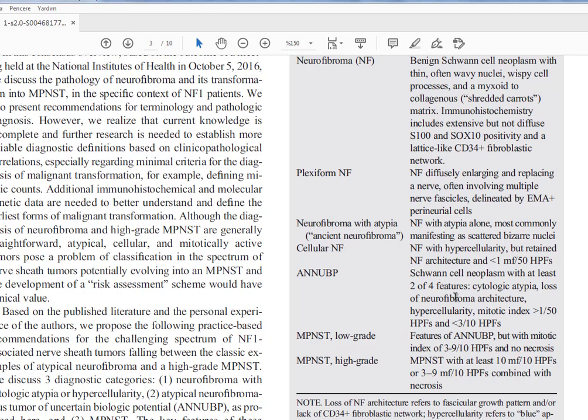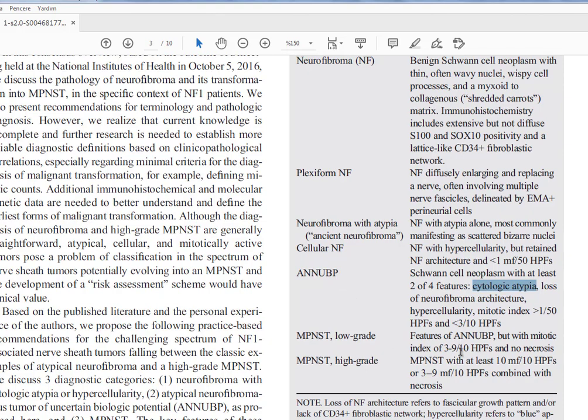But if you have two of four features that I'm going to describe now: cytologic atypia, loss of neurofibroma architecture, hypercellularity, or mitosis above one and below three per 10 high power fields, you can call this atypical neurofibromatous neoplasm with unknown biological potential.